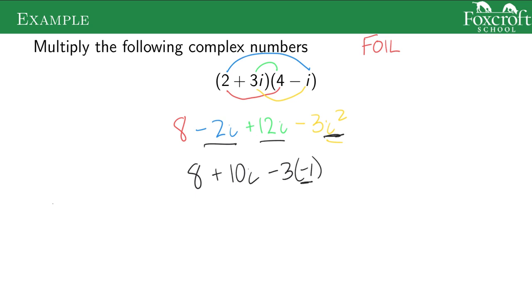Now I can do a little more simplifying: negative 3 times negative 1 gives me plus 3, and I can combine the numbers that are left. By multiplying these complex numbers, you know it's fully simplified when you just get another complex number with one real part and one imaginary part. As long as you're FOILing and combining the terms, you'll get down to that final answer.